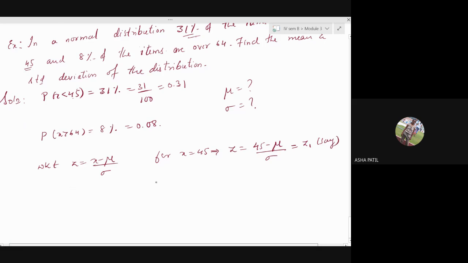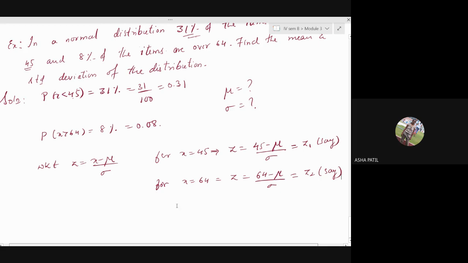Similarly, for the other value, X is equal to 64, Z is equal to 64 minus mu by sigma. Let us call it Z2. We don't know what these values are, so let us just say Z1 and Z2 for our convenience to write.